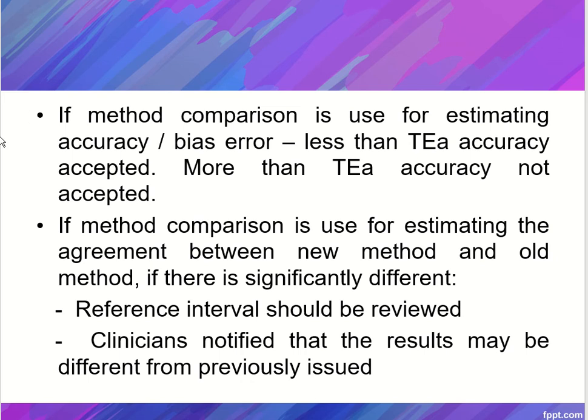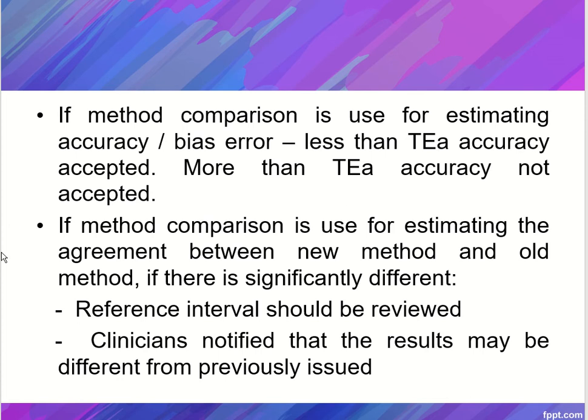So if method comparison is used for estimating accuracy or bias error, less than the total allowable error means accuracy is accepted. If more than the total allowable error, meaning that accuracy is not accepted.